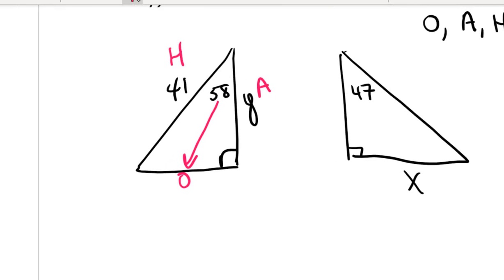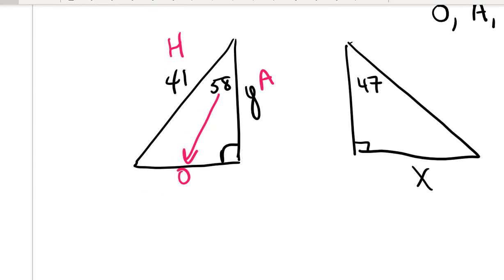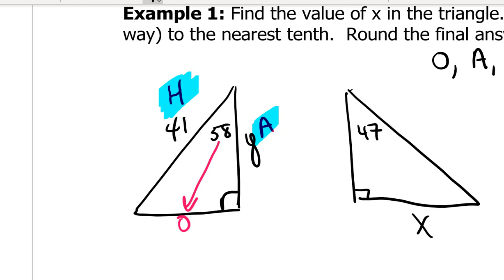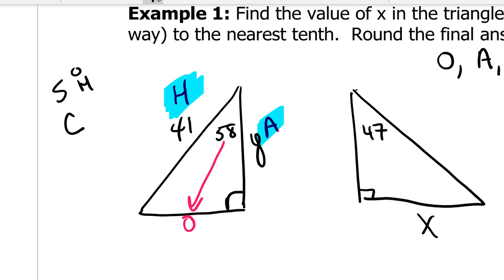So when I take a look at this triangle, the two sides that I'm going to work with, because I want to find that y, because that's the one that's common to both triangles, I'm going to go ahead and look at the hypotenuse and the adjacent. So when I think to myself, sine, which is opposite over hypotenuse, cosine is adjacent over hypotenuse, and tangent, which is opposite over adjacent, which one deals with hypotenuse and adjacent?